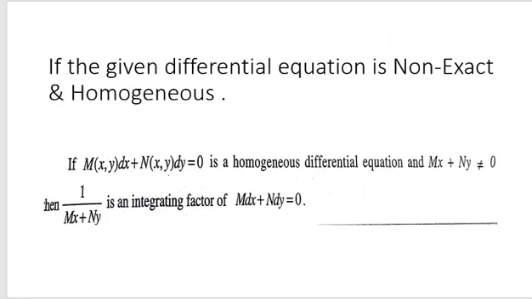Suppose your given differential equation is non-exact and also is homogeneous. If M(x,y)dx + N(x,y)dy = 0 is a homogeneous differential equation and is non-exact, that means ∂M/∂y is not equal to ∂N/∂x, and also the term Mx + Ny, that means M is multiplied with x and N is multiplied with y.